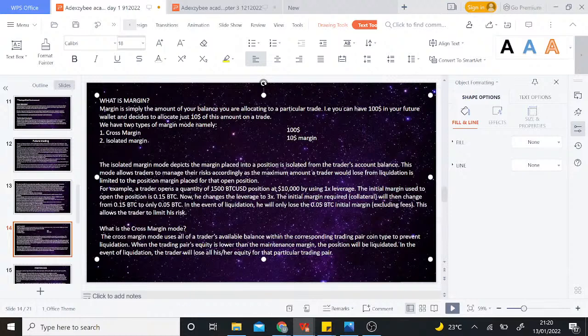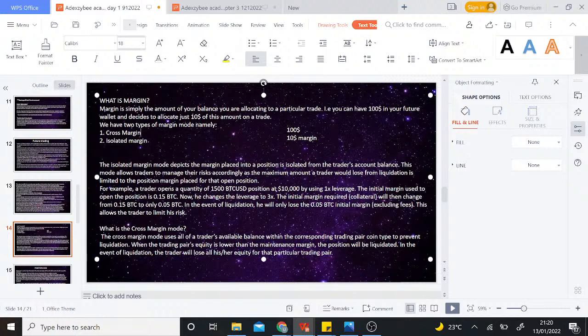That's all it will be doing until this balance goes to zero. So when your loss reaches, let's say, $99 point something dollars, that is when they will cut your loss and close your trade for you automatically.